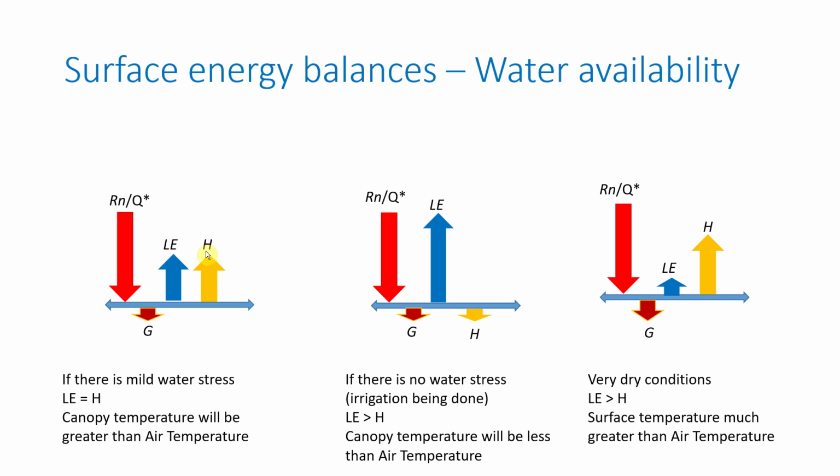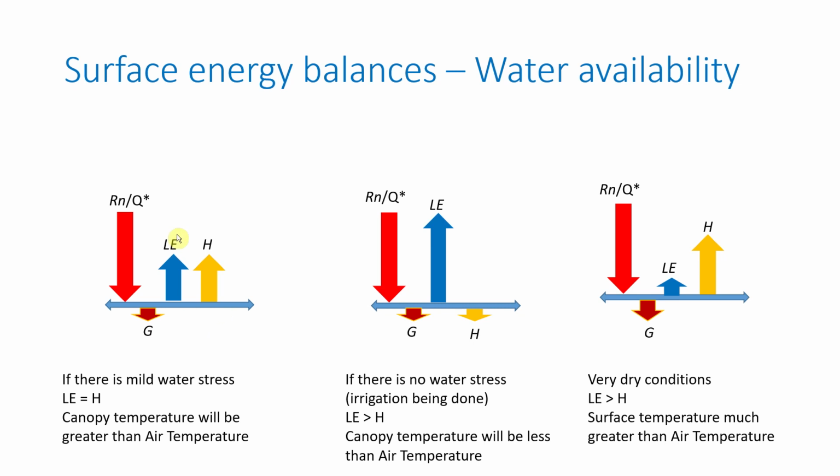First of all, you can see the intensity of net radiation is almost the same magnitude for all these conditions. And ground heat flux is also the same, though when we have very dry conditions, the ground heat flux will be a bit more. What is being changed?